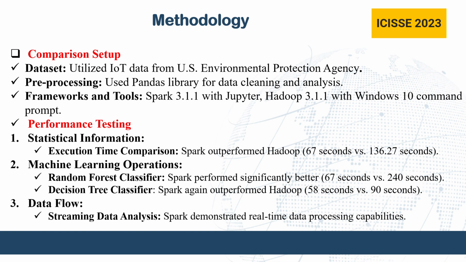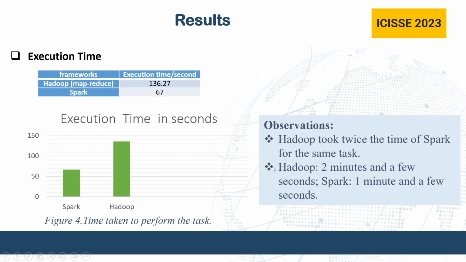Decision tree classifier: Spark again outperformed Hadoop, 55 seconds versus 90 seconds. In the data flow, streaming data analysis, Spark demonstrated real-time data processing capabilities.